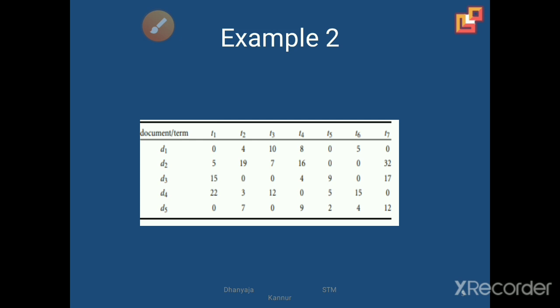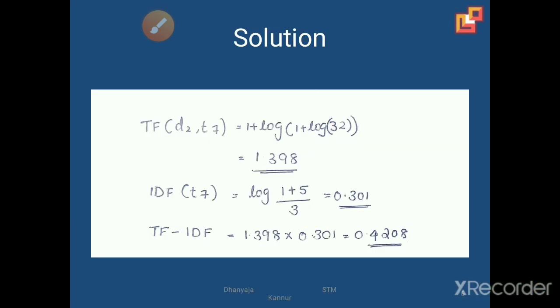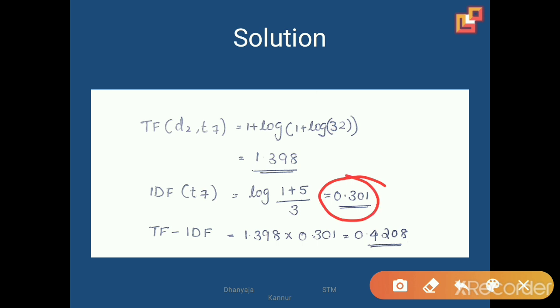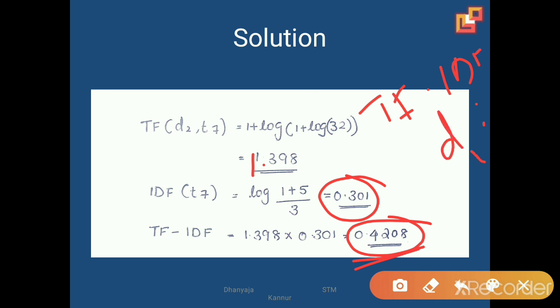How many times is T7 occurring? 1, 2 and 3, right? So the dt value is 3 here. So log of 1 plus 5 by 3, and you will get the result as 0.301. By multiplying these two values, 1.398 into 0.301, you will get the final result as 0.4208. This is the TF and IDF value of term T7 in document D2.